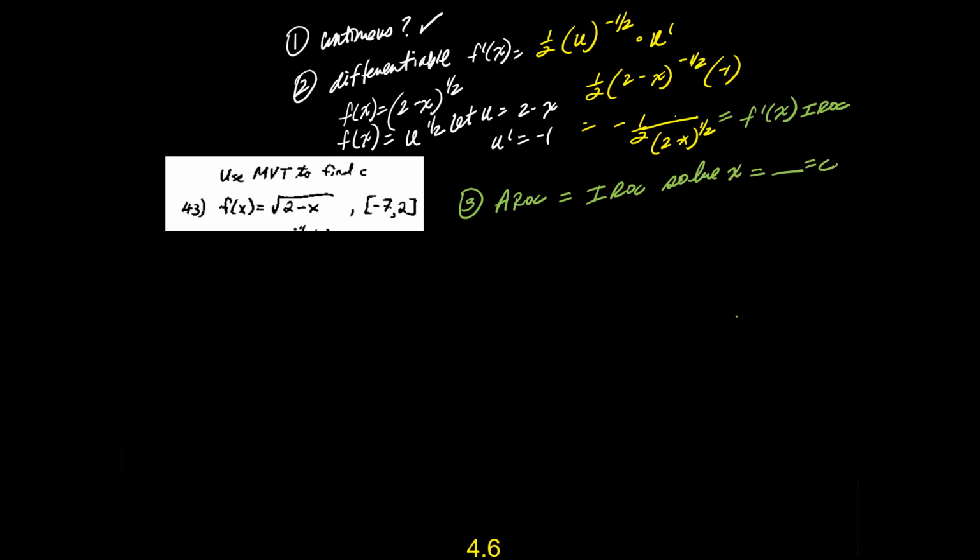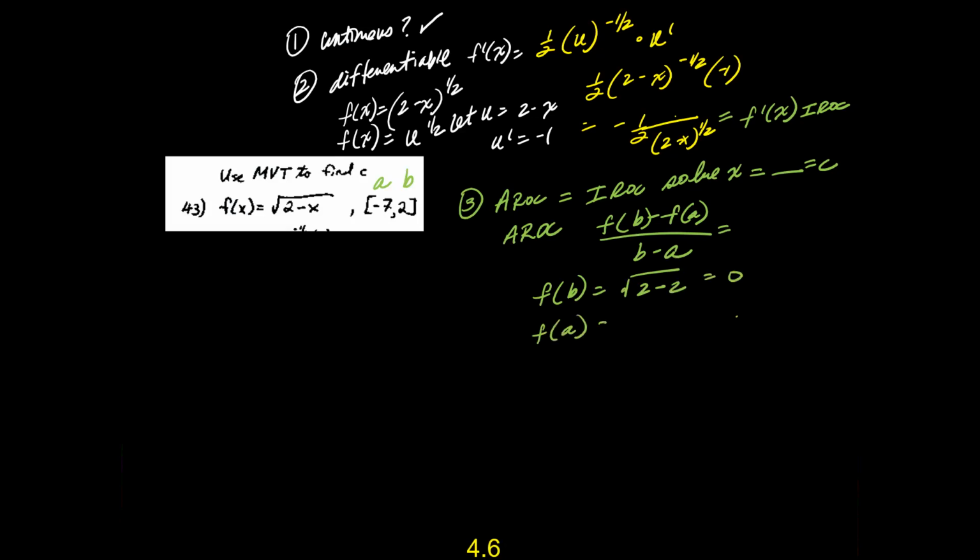your C value. So then looking at your average rate of change, it is going to be f of b minus f of a over b minus a. So here your a is -7, b is 2, so then I will have f of b equal to the square root of 2 minus 2, which is just 0.